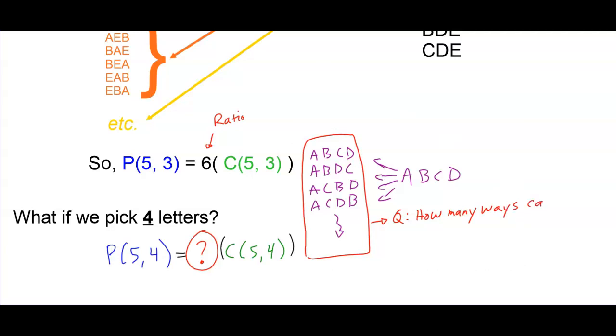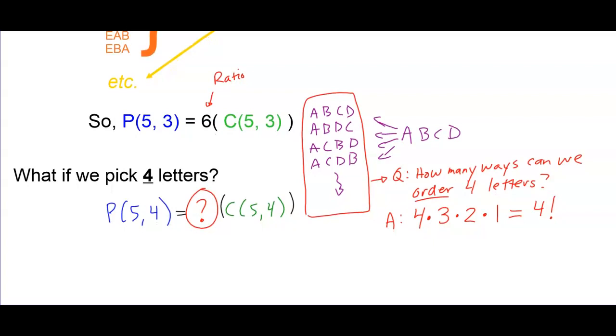How many ways can we order 4 letters? The answer is that you've got 4 choices for the first letter, and after you've picked the first letter, then you've got 3 choices for the next letter, and then there's 2 choices for the letter after that, and then whatever's left is the 4th letter. In other words, it's 4 factorial.